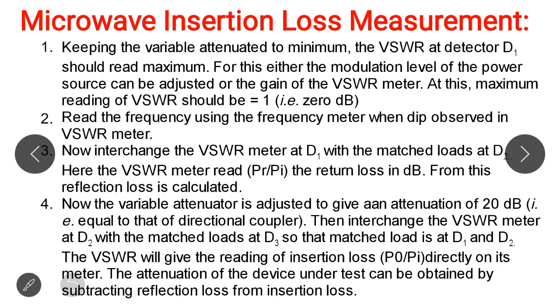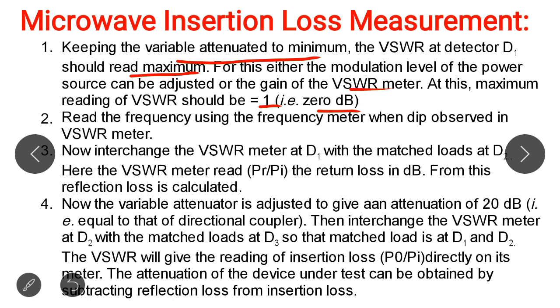So how to measure the insertion loss? First, keep the variable attenuator at minimum position, and the VSWR meter at detector D1 should read a maximum. For this, either the modulation level of the power source can be adjusted or the gain of the VSWR meter can be adjusted. At this point, the maximum reading of the VSWR should be equal to 1, meaning 0 dB.